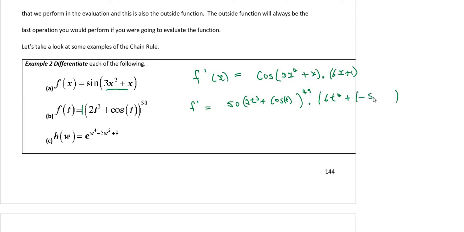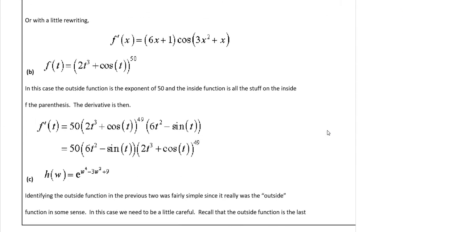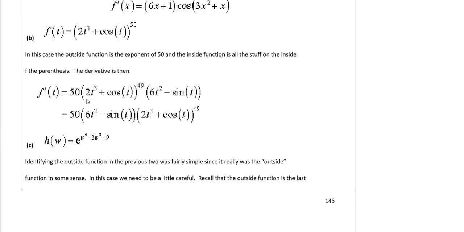So this is going to be minus sine t. Okay, and then we can just simplify the rest of it. Okay, so if we scroll down where the answer was done here, so there we see the same thing, 50, 49, and then the inside, and then of course we can just simplify further.